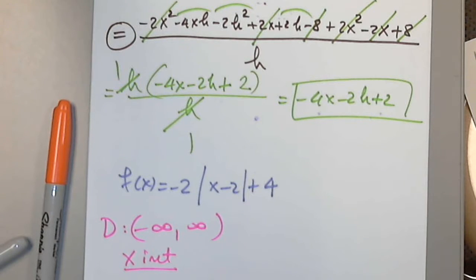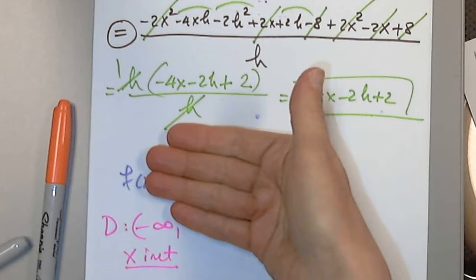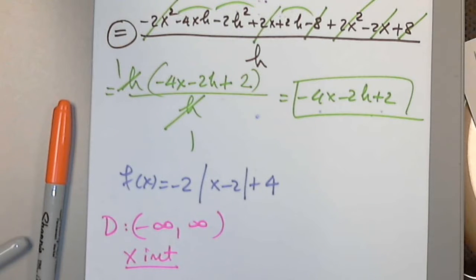What do I have to write? For any function, how do I find the x-intercepts? Thank you. That's all I needed.